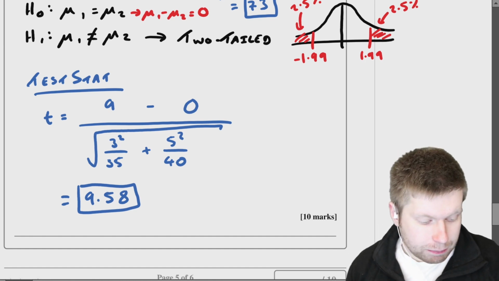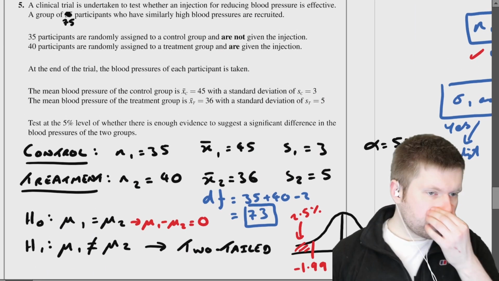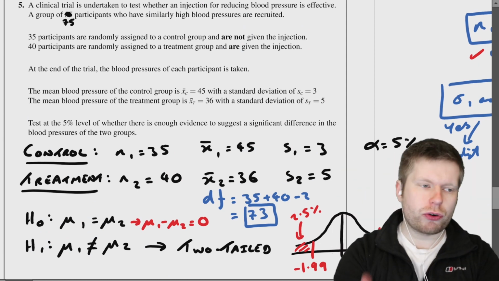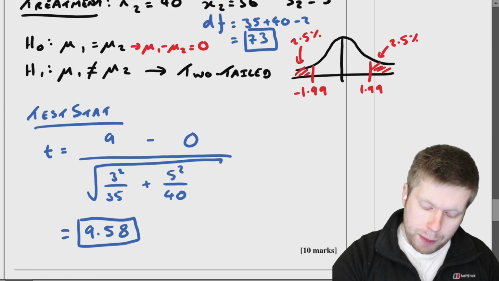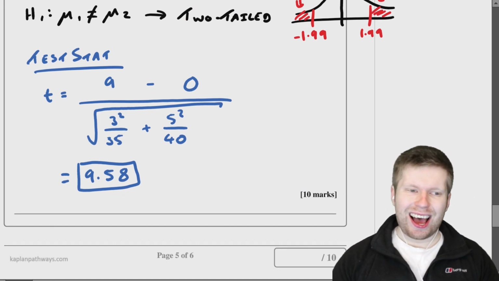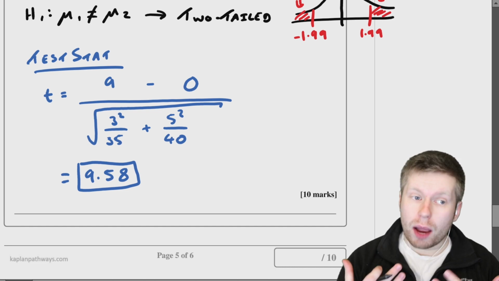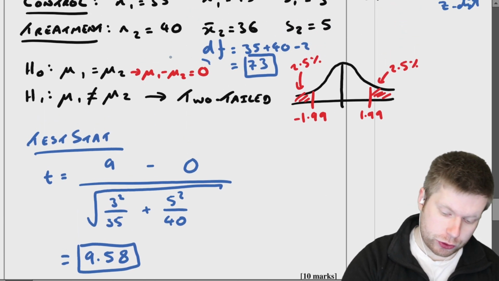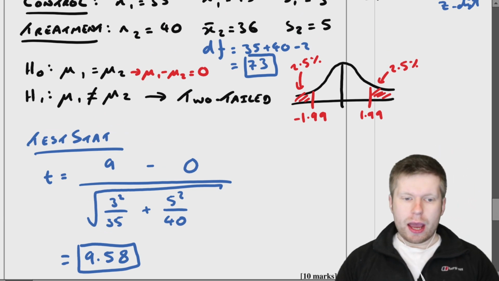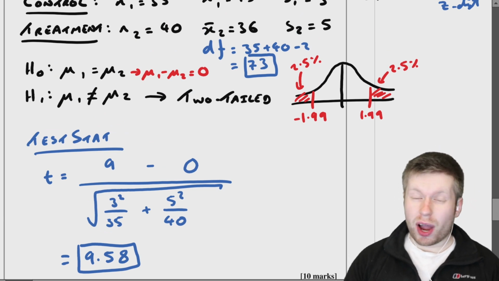Because what I'm basically saying is that the difference in my sample data, my data for the control group and my data for the treatment group, lies 9.58 units of standard deviation away from my hypothesized difference in my means, which at the moment is 0. My hypothesis is saying there's no difference, but I'm ending up with a test statistic of 9.58.